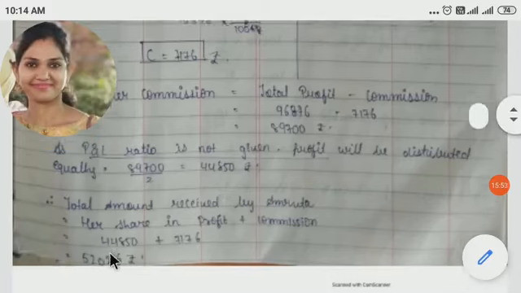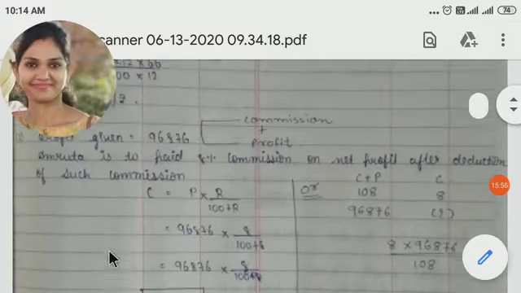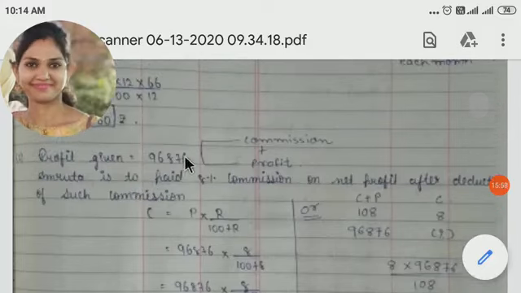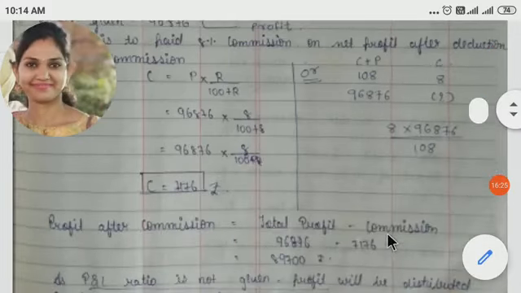Okay girls, understand? See again. The profit of the firm is given as 96,876. In this, commission and profit both are included. So first we separate the commission from this profit. I assume the profit of the firm is 100, so commission at 8% means 8 rupees, and total commission plus profit is 108. To separate the commission, 8 upon 108 of 96,876 gives 7,176.